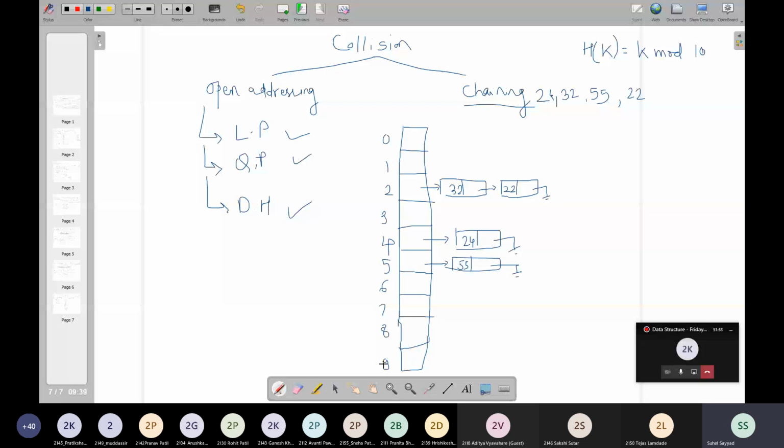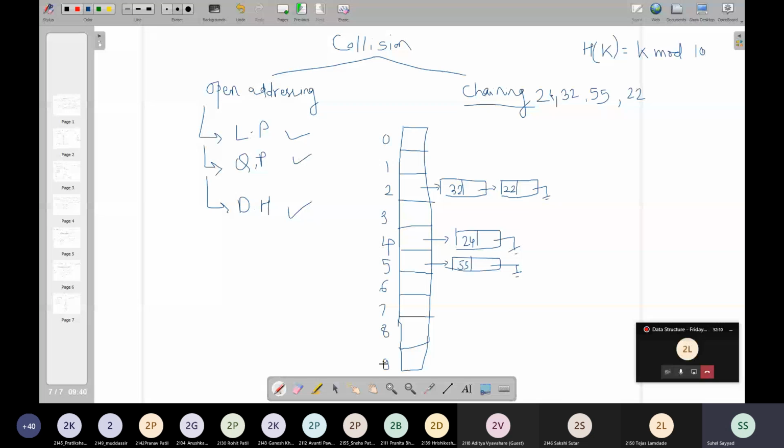See, this chaining can be used like, suppose I think of storing students into buckets. So I can think of creating the hash function on the first letter of the surname. I have 26 alphabets, so if I create 26 linked lists, the first linked list will be for A, second for B, third for C, and so on.